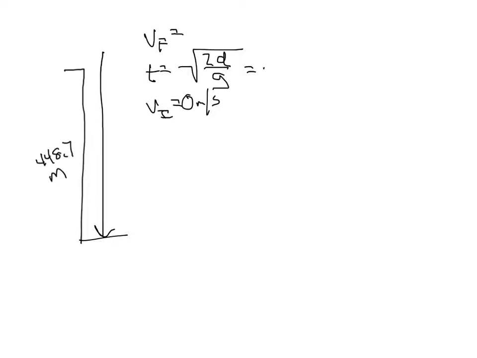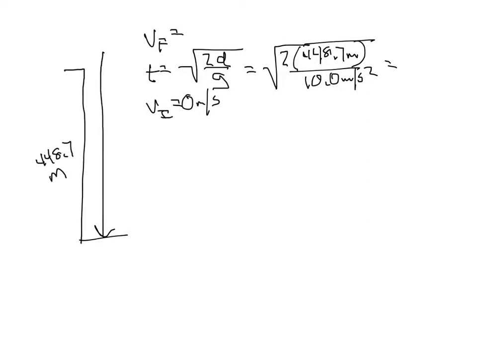So if we work that out, we get the square root of 2 times 448.7 meters over 10 meters per second squared, and we get a time to fall of 9.47 seconds.